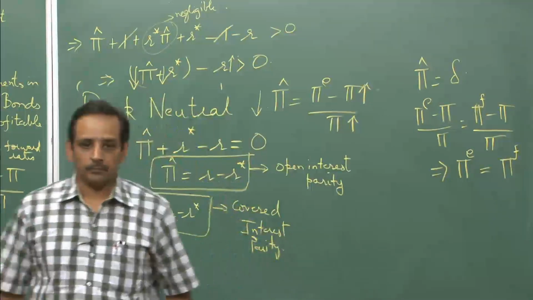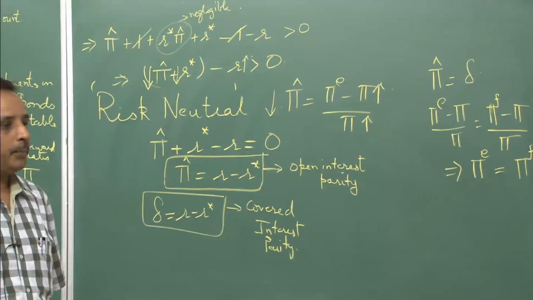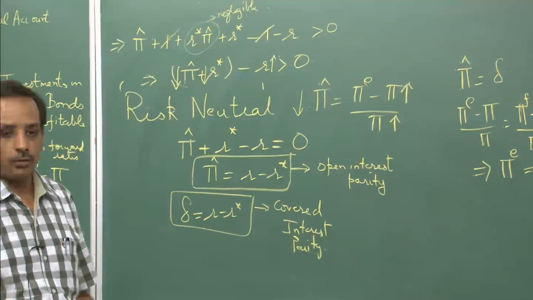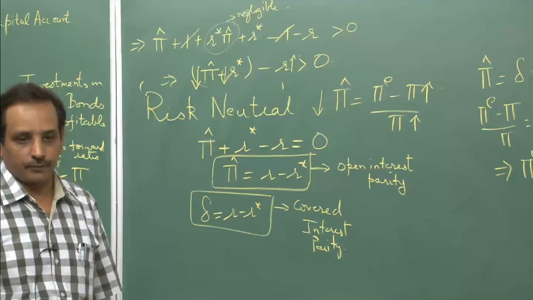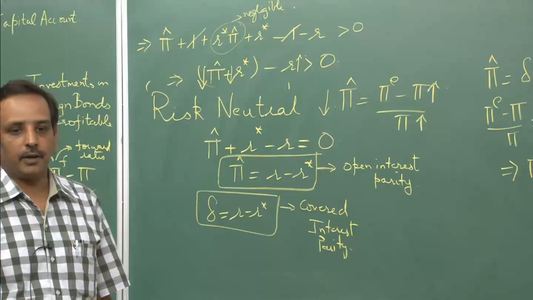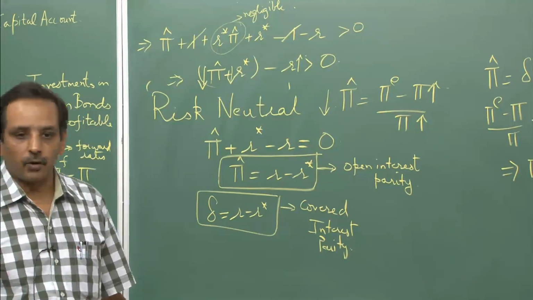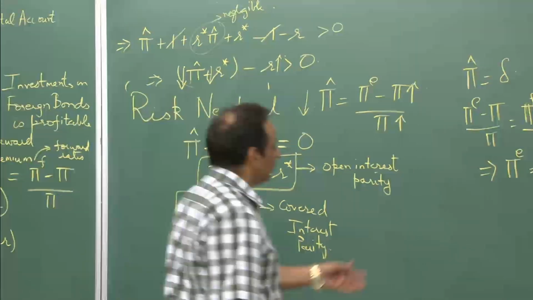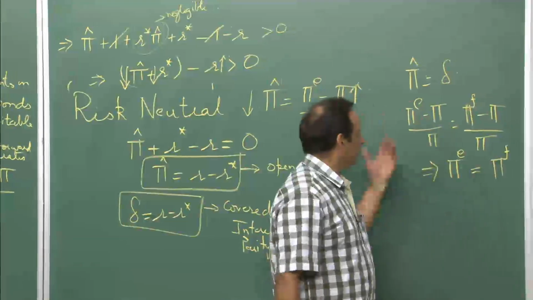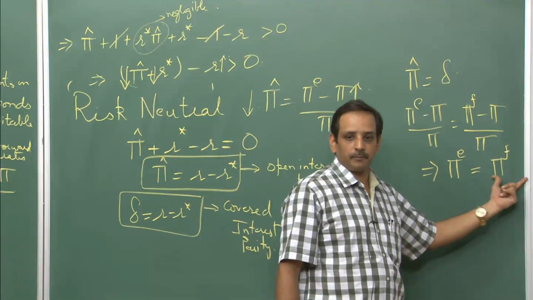So what is the difference between these? Pi e is the expected rate, yes, but the expected exchange rate you don't know, you don't have data for it. It's like, what will be the India US dollar exchange rate after a year? Pi expected. There are no proxies. So, it says that if these two hold, then the best predictor of pi e is the forward rate.